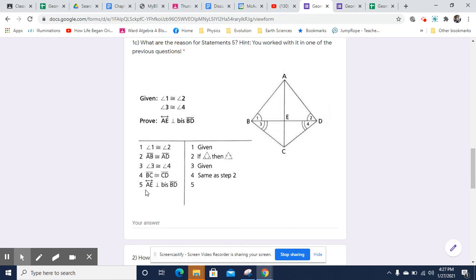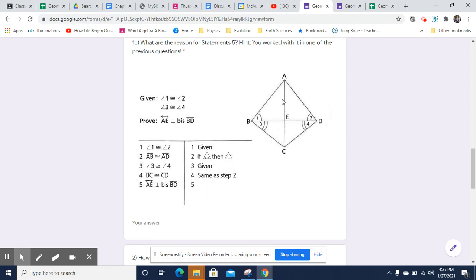And so then we can state that AE is a perpendicular bisector to BD. Well, what we've just proven is that A is equidistant to B and D. And C is equidistant to B and D, because BC is congruent to CD and AB is congruent to AD.